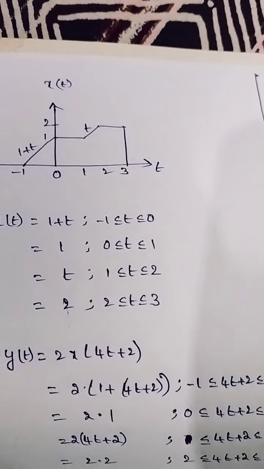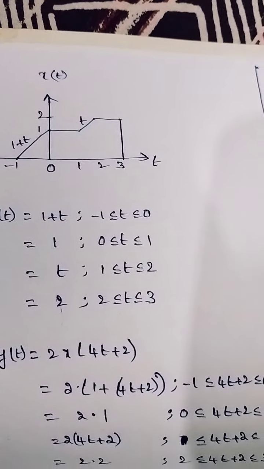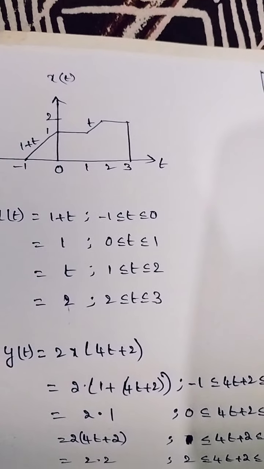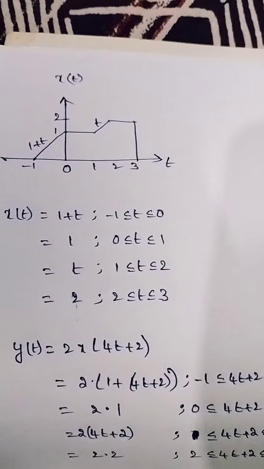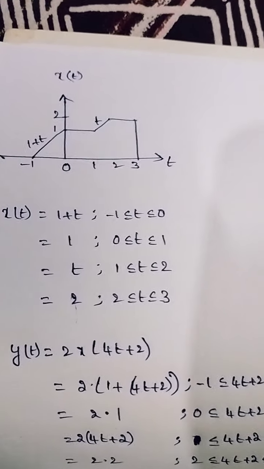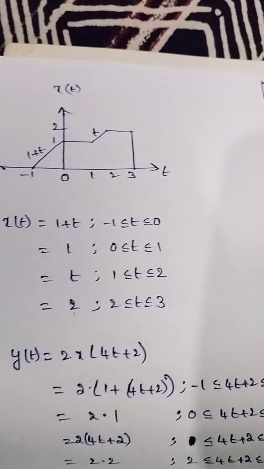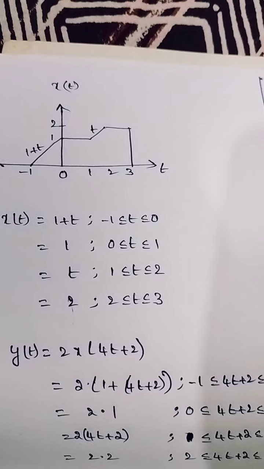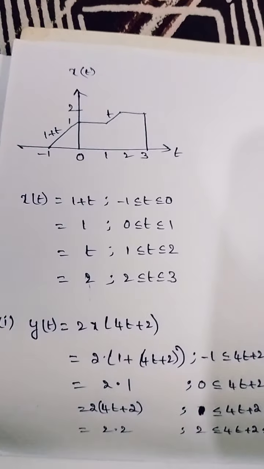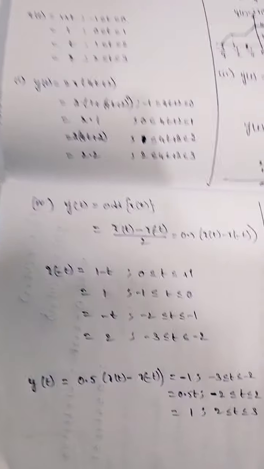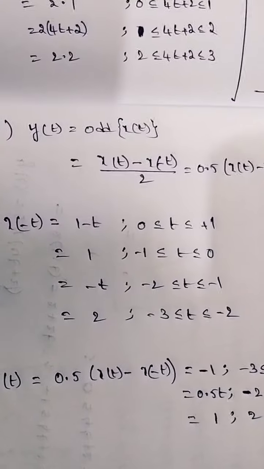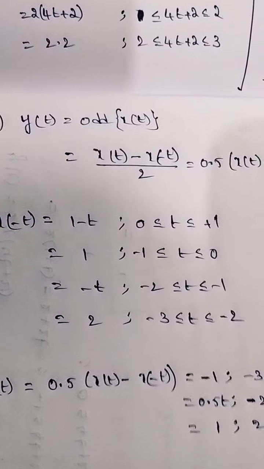By inverting the time, we should invert the less than and greater than also. That means the range also we should reverse. So minus 1 less than or equal to minus t less than or equal to 0 becomes 0 less than or equal to t less than or equal to 1. So here x(-t) is equal to 1 minus t in between 0 to 1.